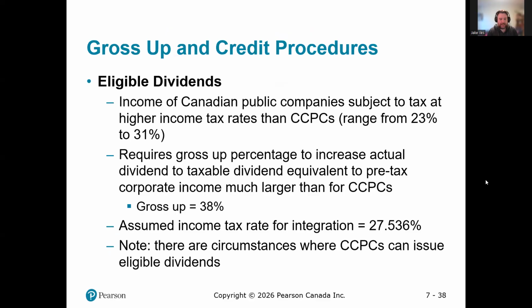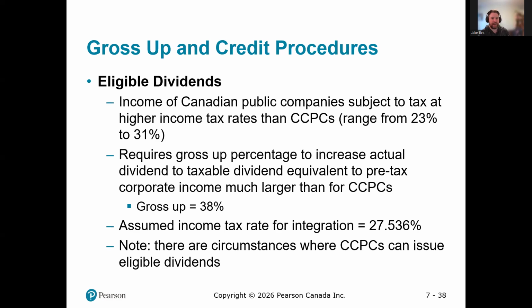Eligible dividends apply the general tax rate, the common tax rate mostly paid by public corporations in Canada. This is roughly 27%. So a public corporation pays a higher tax rate than a small business.